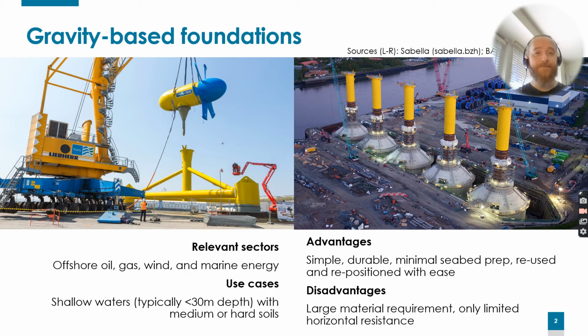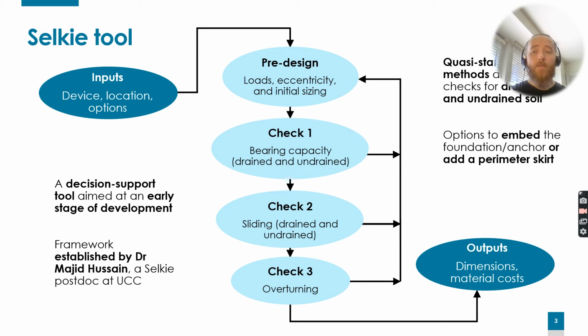So what we're proposing for selkie is a simple decision support tool aimed at an early stage of development. At this stage, I should credit my colleague Majid Hussain, our partner at UCC, who established this framework. Like the tools produced by the earlier DT Ocean and DT Ocean Plus projects, the selkie tool is going to use standard quasi-static methods and try to identify the smallest and hence least expensive foundation which passes the different design checks.